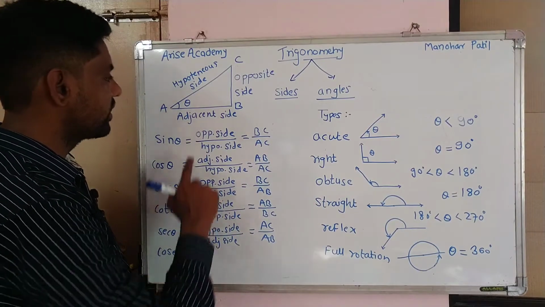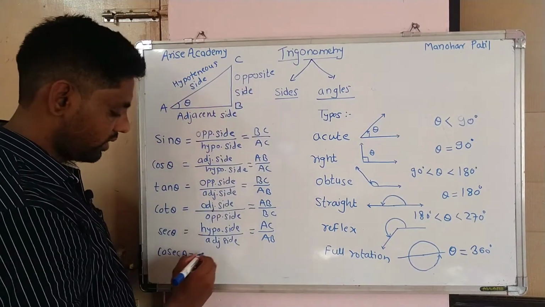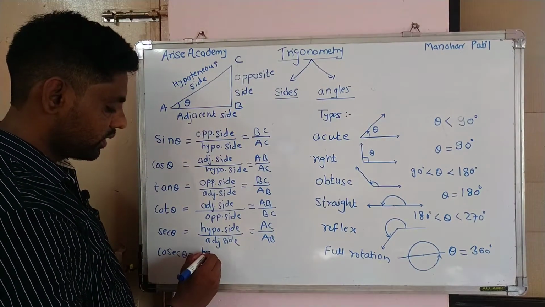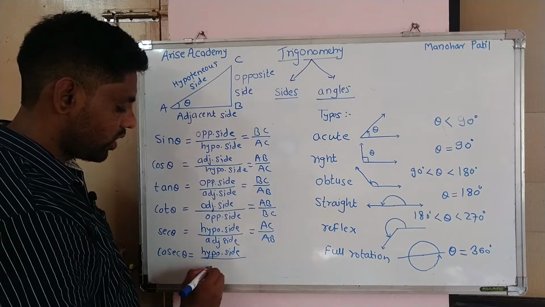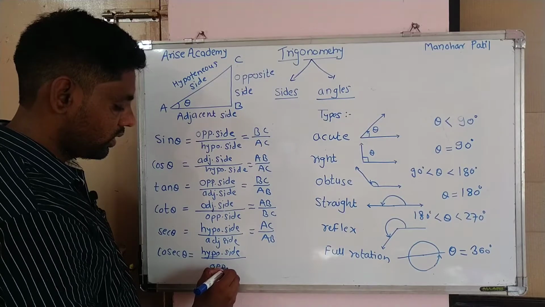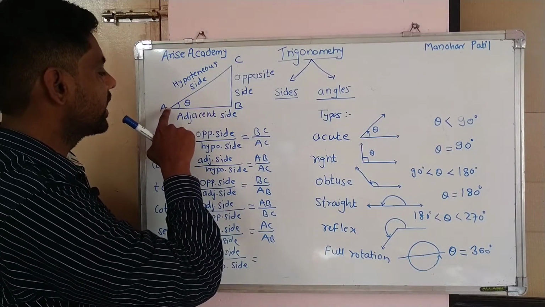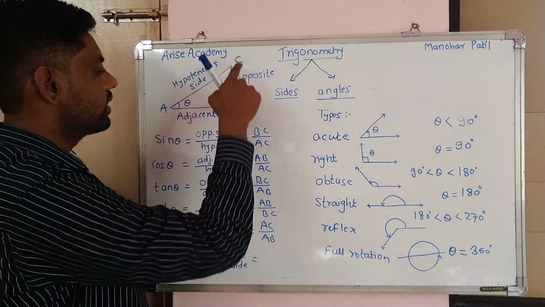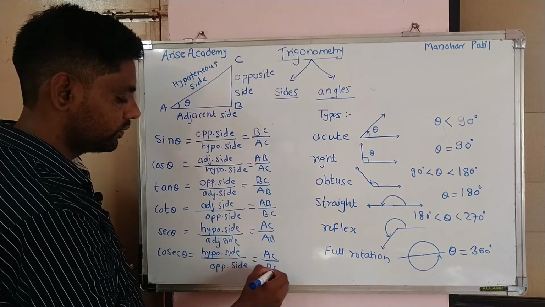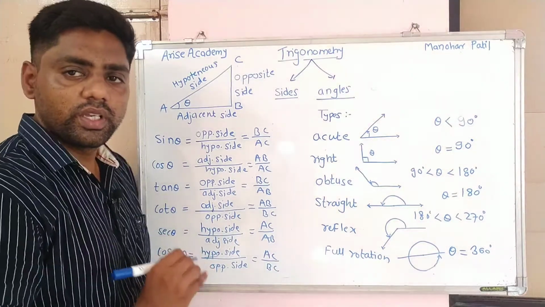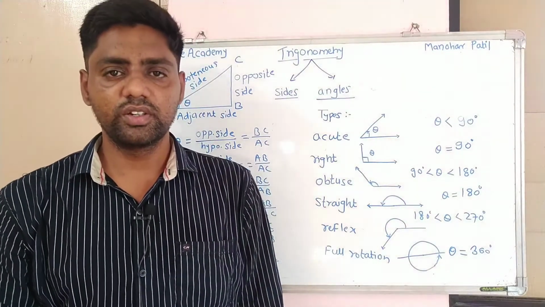Cosec theta is nothing but hypotenuse side upon opposite side, so from the triangle we get AC upon BC. In such a way we can find the value of trigonometric ratios.